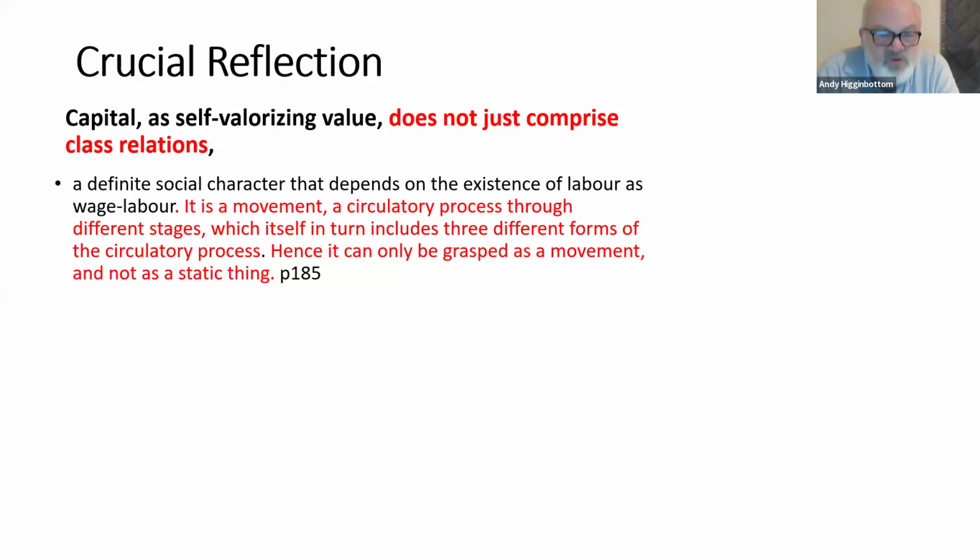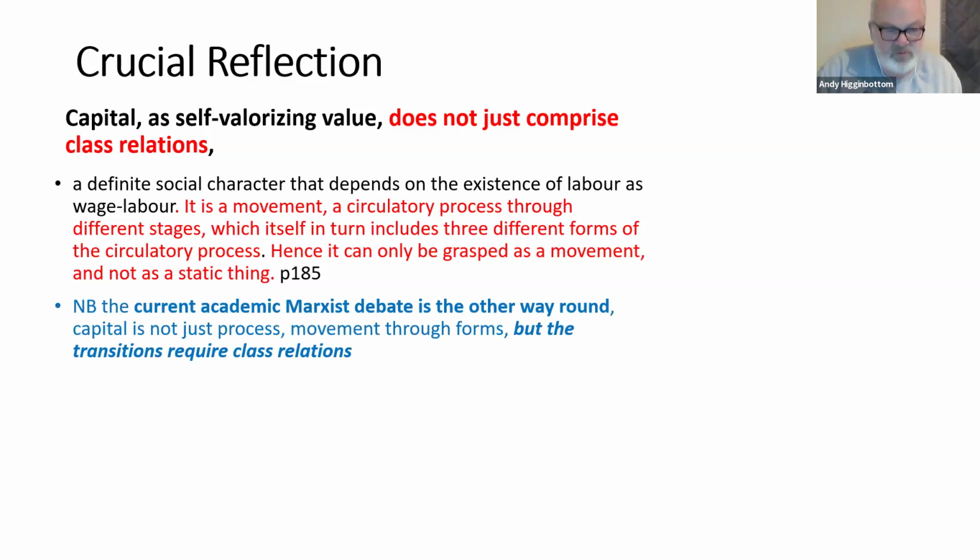It is a movement, a circulatory process through different stages, which itself in turn includes three different forms of the circulatory process. Hence, it can only be grasped as a movement, not as a static thing. What he's saying here is that, as well as what I've told you in volume 1, it's not just a class relation, it's this process, this movement through forms.